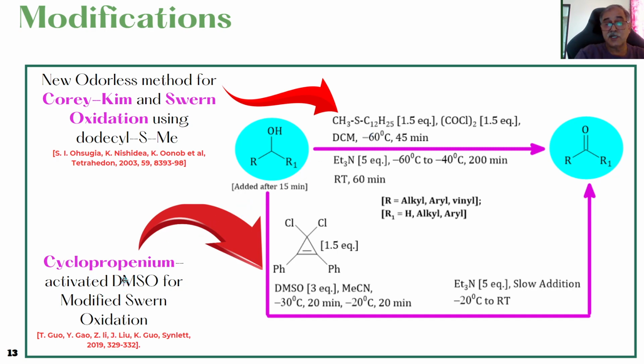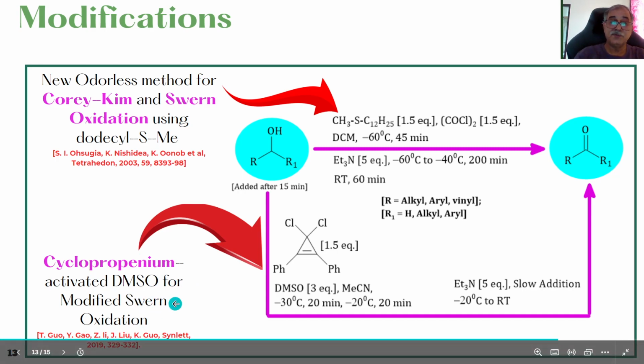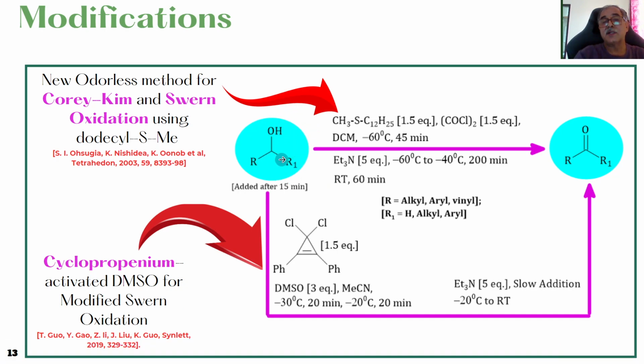Similarly, instead of oxalyl chloride or TFAA, we use these types of cyclopropenium halides. So 2,2-dichloro-1,3-diphenyl cyclopropene was used as an activator for DMSO, and the products formed are again primary and secondary alcohols converted into ketones.